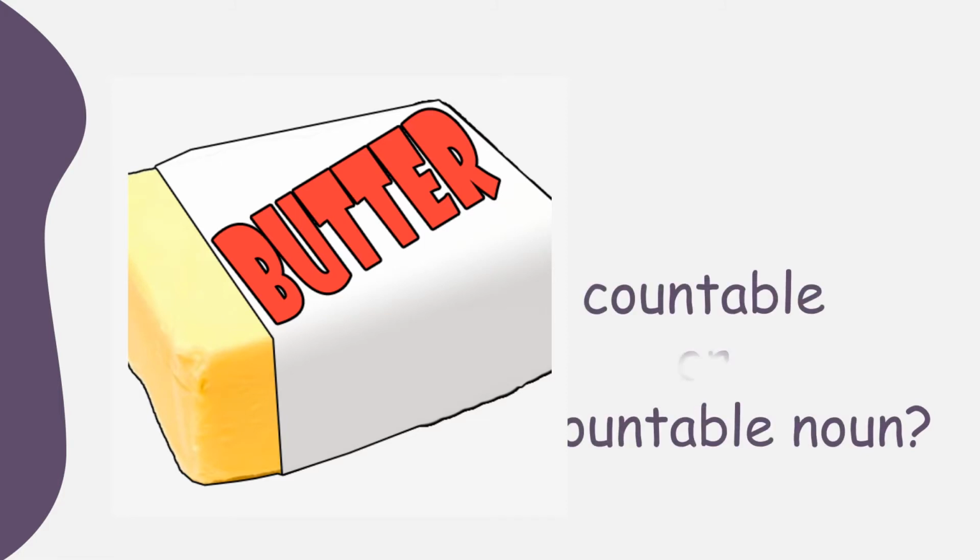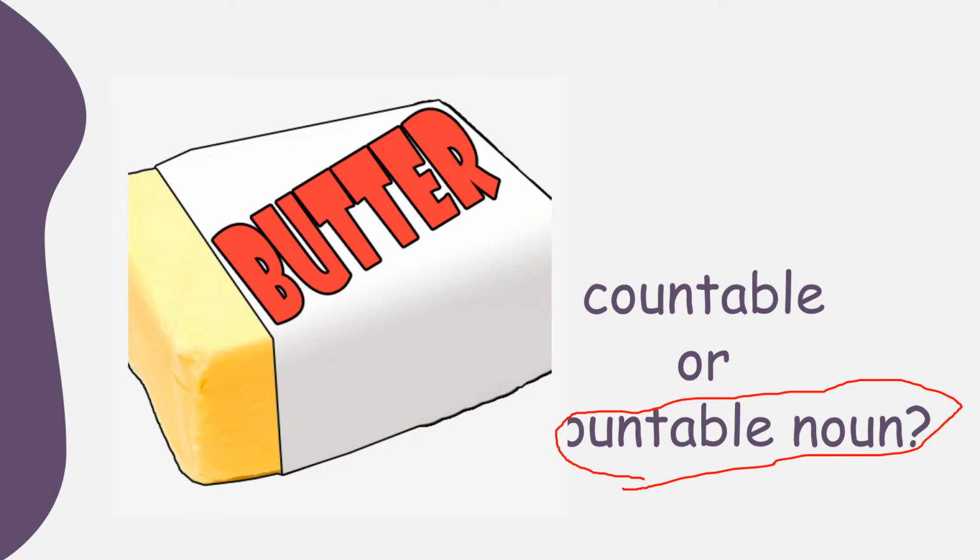How about butter? Is it a countable or uncountable noun? Remember, butter, if it's something like a bar like this, you cannot count. So it means butter is an uncountable noun. Yep, you're right. Good.